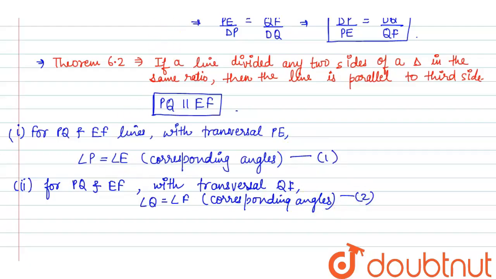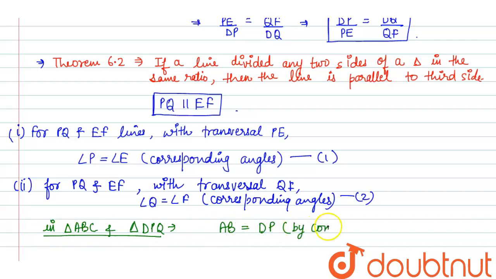Now we have to take triangle ABC and triangle DPQ. DPQ means PQ is the line of construction. So when we take this, AB equals DP by construction, and also angle A equals angle D, this is given in the question.